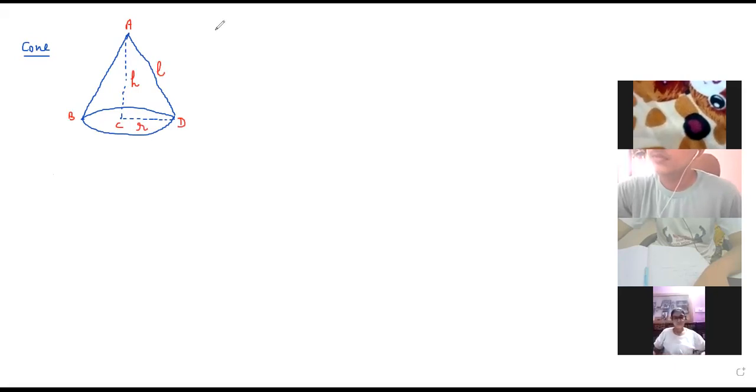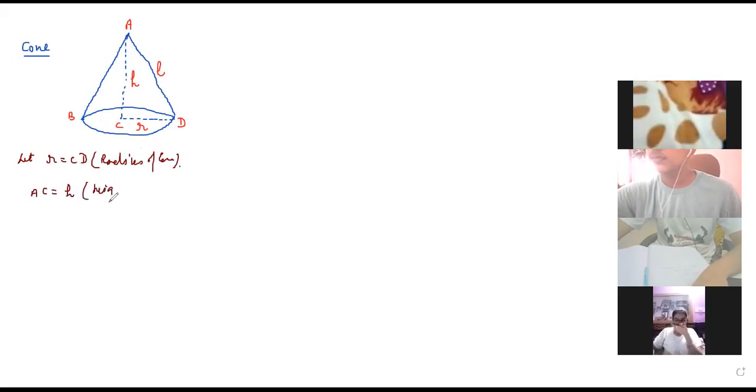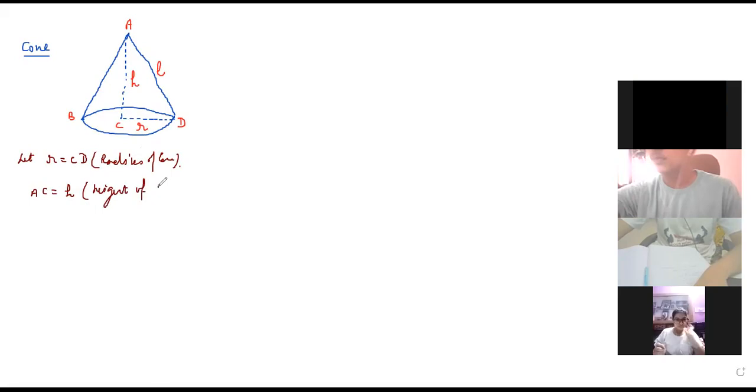So here, let r equal CD, the radius of the cone. AC equals h, the height of the cone. This is the height of the cone.